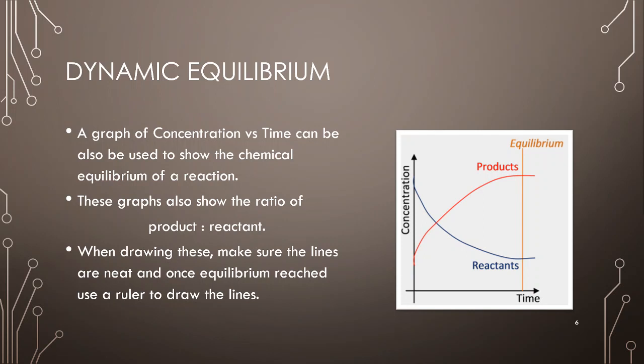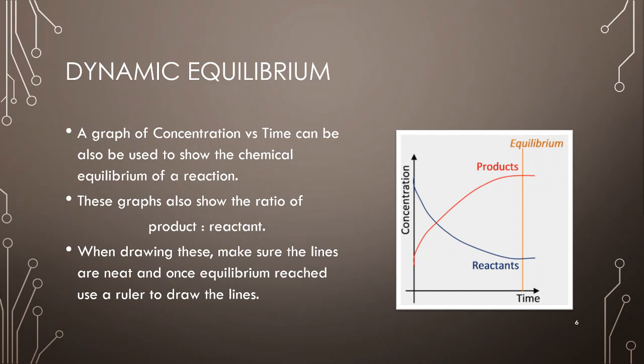These graphs also show the ratio of product to reactant at any time, yeah? When drawing these, make sure the lines are neat, and once equilibrium is reached, use a ruler to draw the line. It is important for you to be able to draw the vertical line that shows the equilibrium with a ruler.